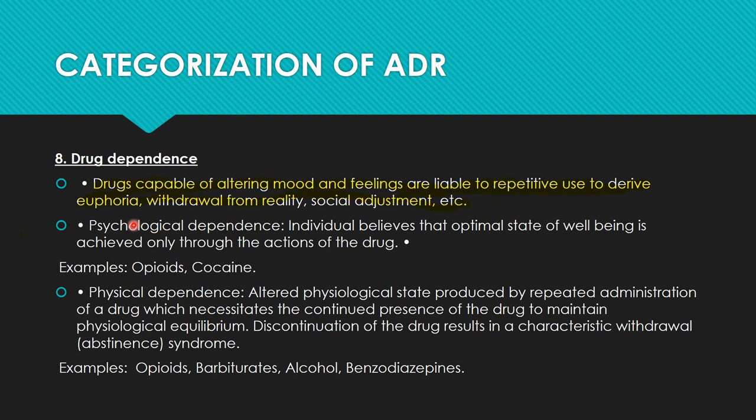Next, psychological dependence. Here we are categorizing drug dependence into two basic types, psychological and physical dependence. Now psychological means your mental dependence. What we have written here is that the individual believes that the optimal state of well-being is achieved only through the actions of the drug.